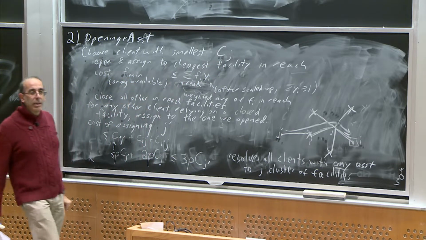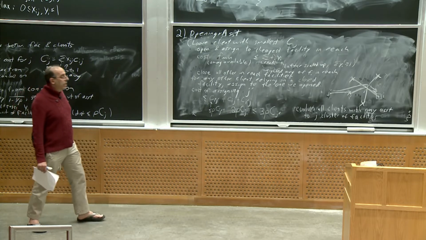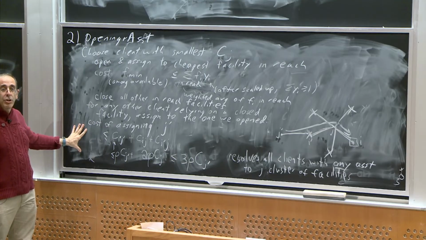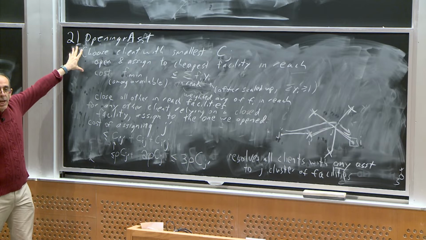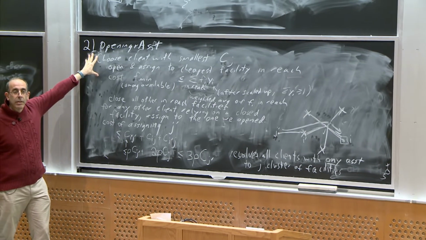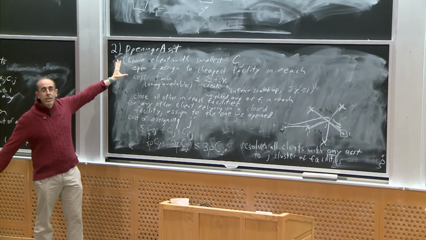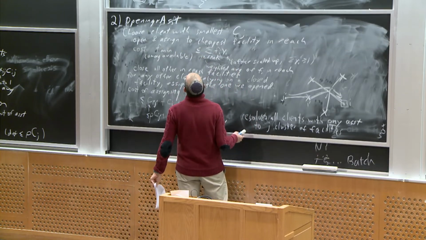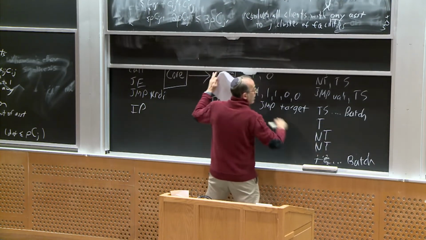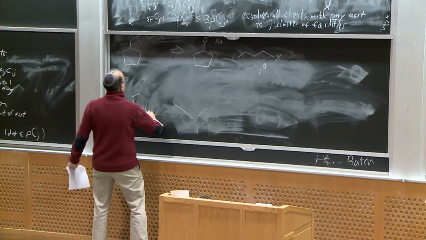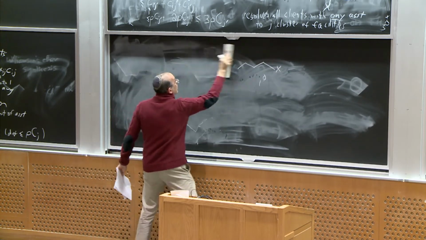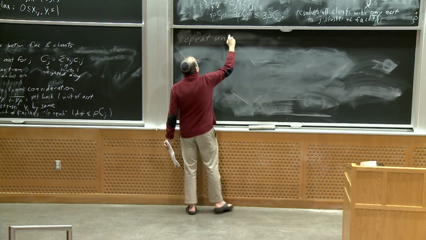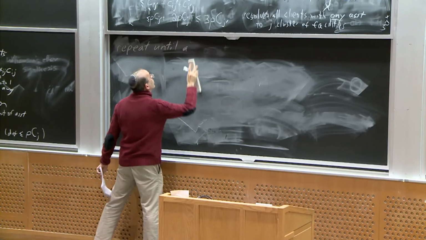Okay. All right? So does this make sense? Is it clear that after I've done this process for a particular J, I'm all set to begin it for a different J? And so I just repeat this process until I've made assignments for every client. Actually, let me put a note in here.